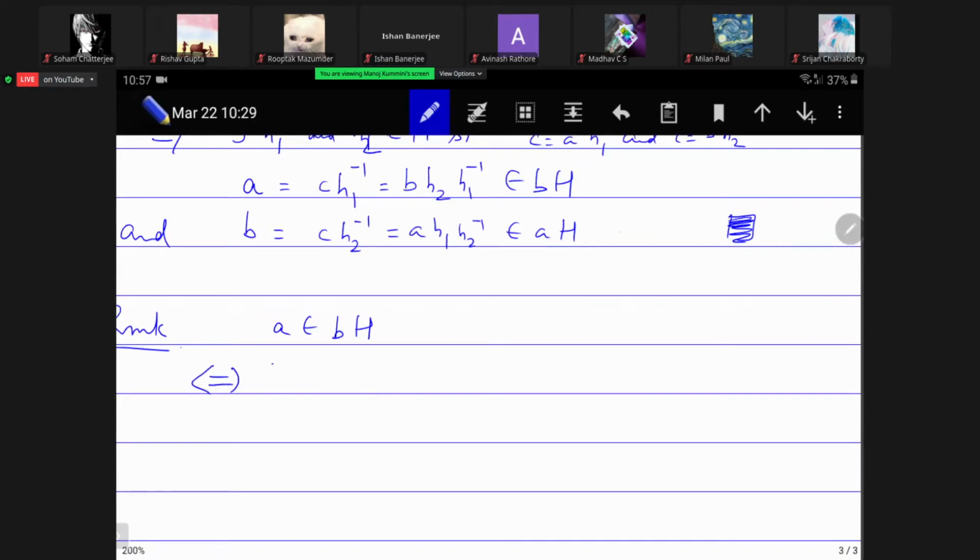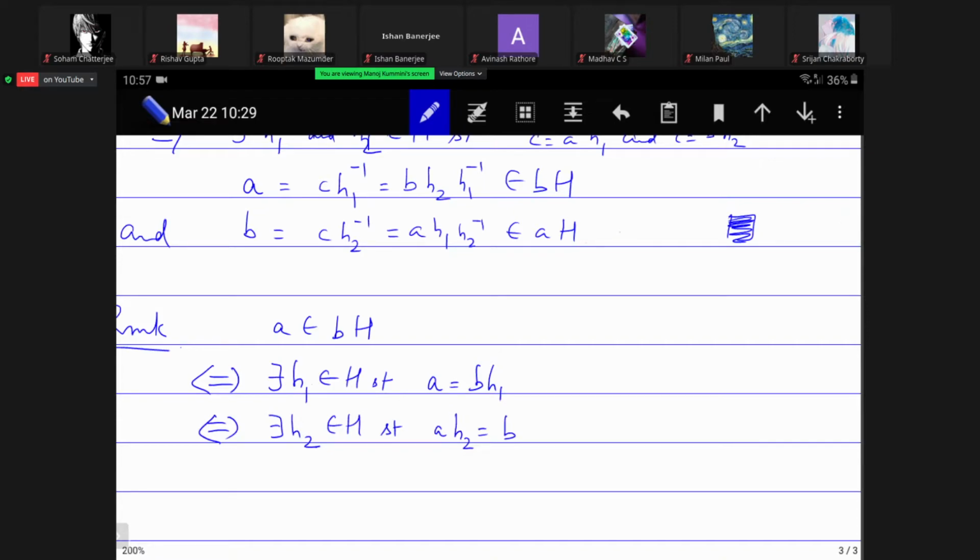This is equivalent to saying that there exists an h1 inside H such that A equals B h1, which is equivalent to saying that there exists an h2 inside H such that h2 is B. If you want to go from the second line to the third line, take h2 to be the inverse of h1.